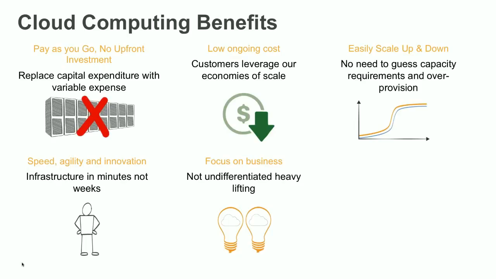AWS is responsible for maintaining and ensuring that the hardware and physical equipment lights are on and remain on. AWS will ensure that all the security compliance and controls are in place all the way to the operating system. So customers can focus on their applications and bring innovation to their application workloads.